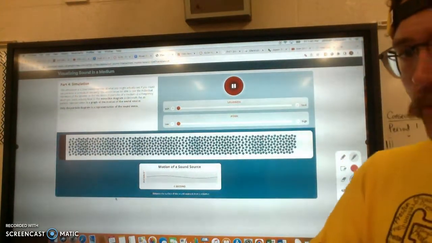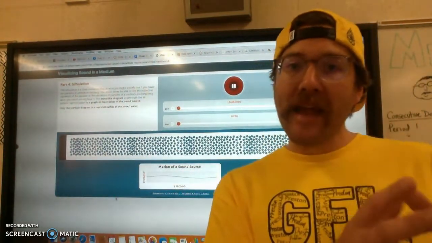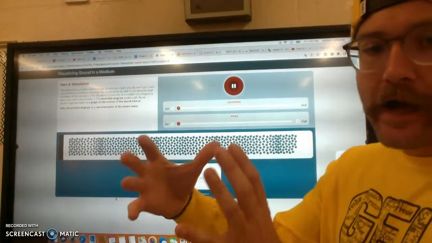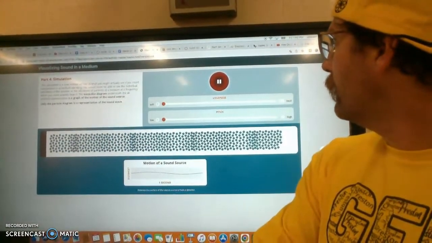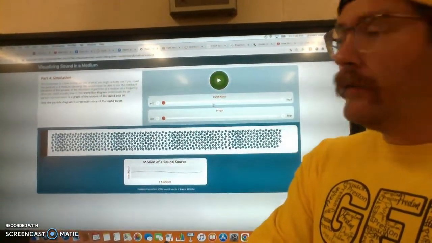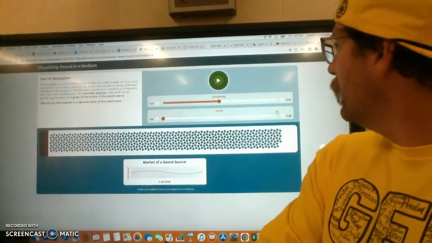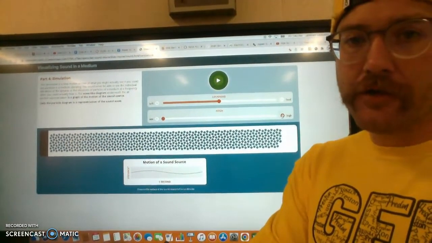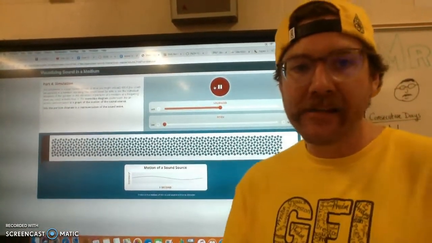Now, if we compare what happens when we change the pitch, right, a low bassy sound versus a high pitched sound, they're also going to have some differences here. So if I just pause this real quick, and I'm going to make the loudness medium, and I'm going to move the pitch from low to high. So first we have a low pitch. This is like a bassy sound.